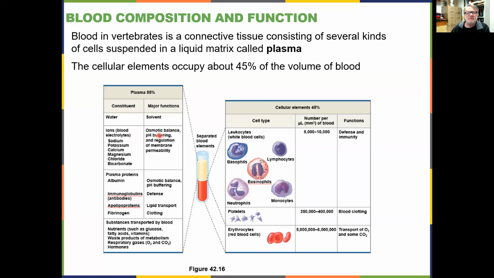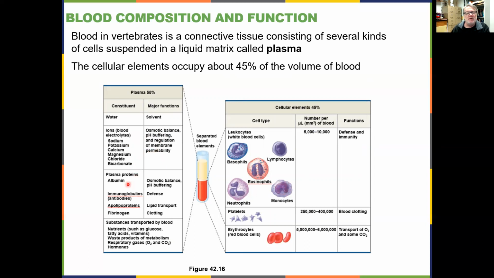Their purpose is to regulate osmotic balance, so the movement of water back and forth across the body, but also to buffer the pH, regulate membrane permeability, and create action potentials and the electrical signals that are used in muscles and the nervous system.